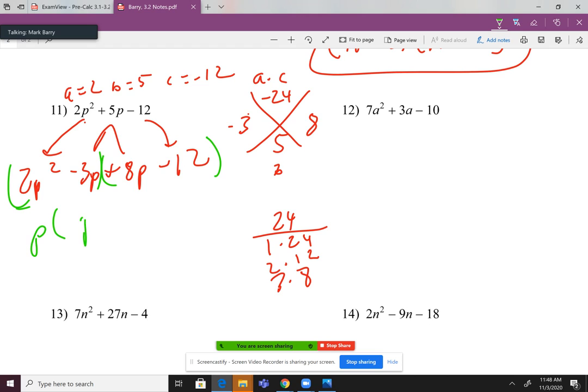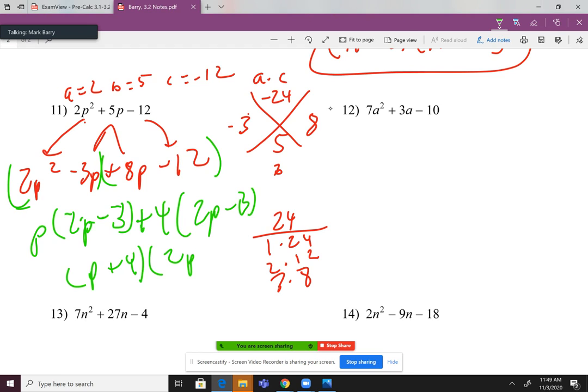So we get 2p minus 3 on the inside. The second group, I can take out a 4 with 2p minus 3 on the inside as well. And I get p plus 4, 2p minus 3.